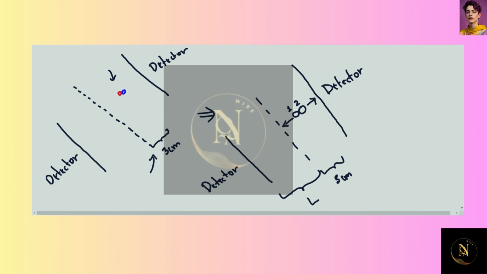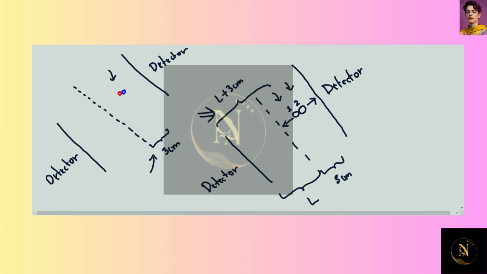So as we can see from the picture, we're going to call the photon that is farther from the detector 1, and the one that is closer to the detector 2. So the distance that photon 1 needs to travel to reach the detector is going to be L plus 3 centimeters.